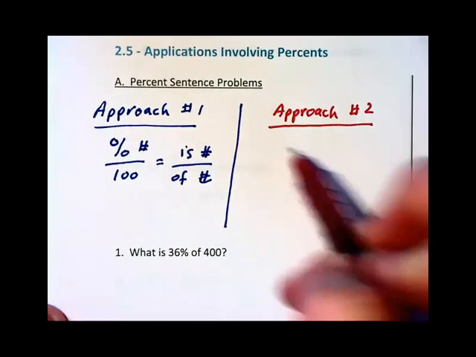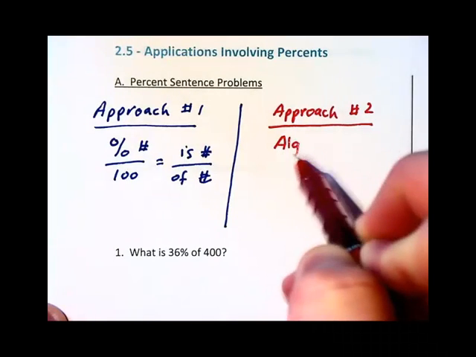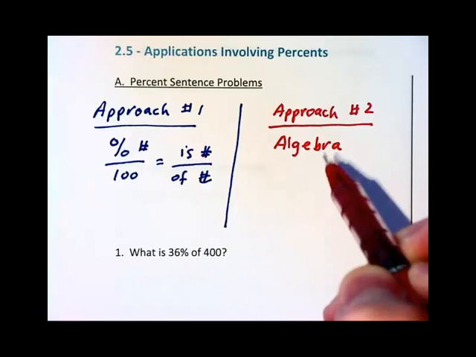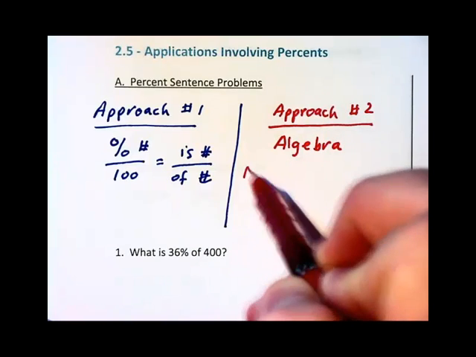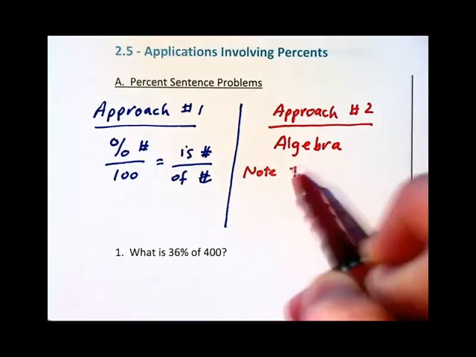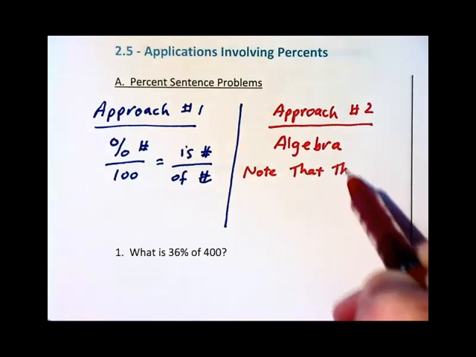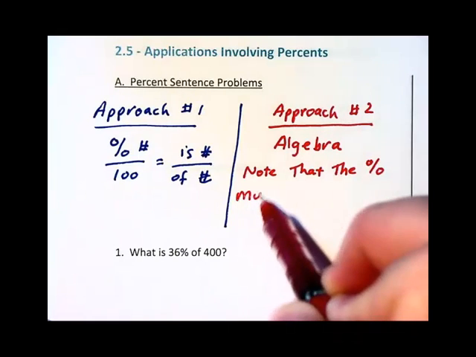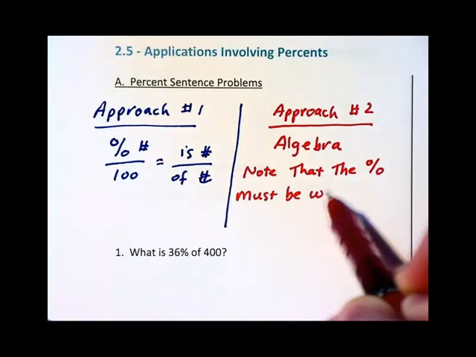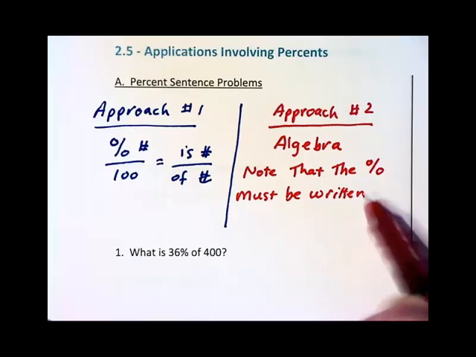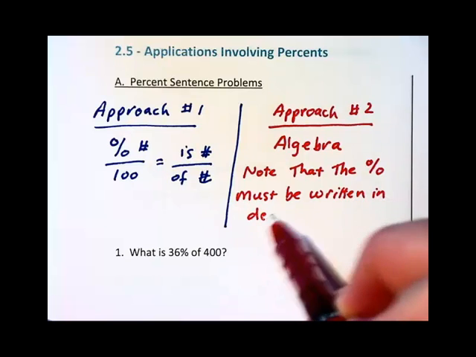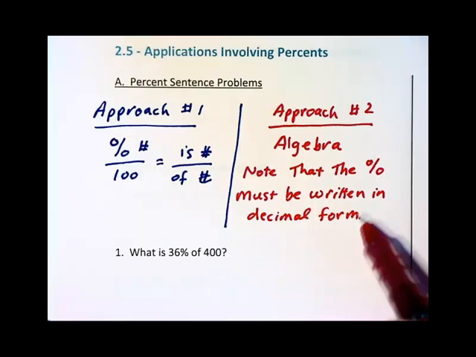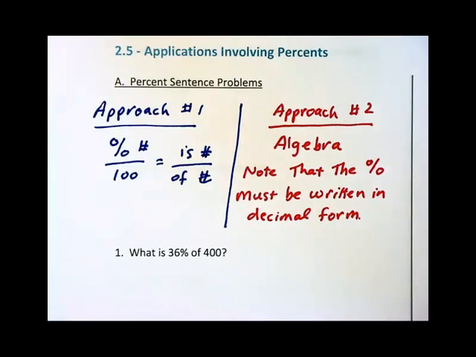Approach number two is going to be an algebraic approach, and note that the percents must be written in decimal form, which means you'll be moving the decimal 2 places. And you'll see right as we start into this.